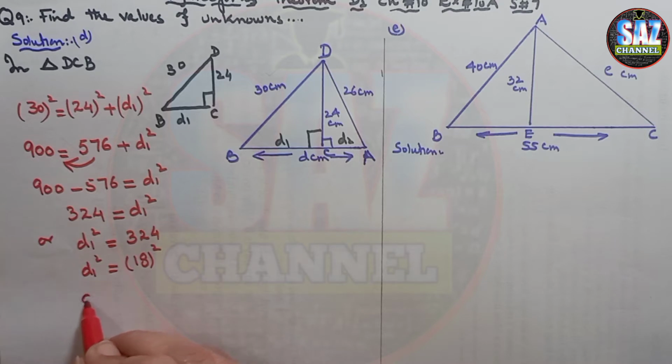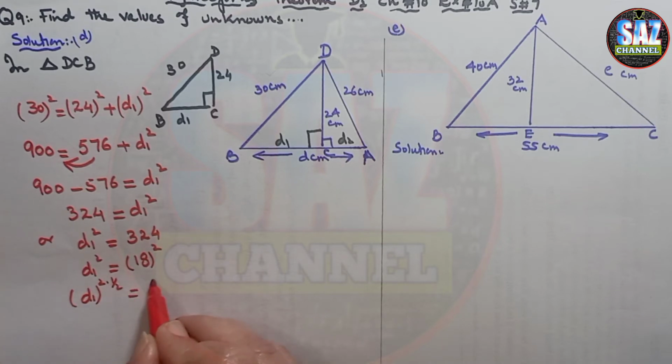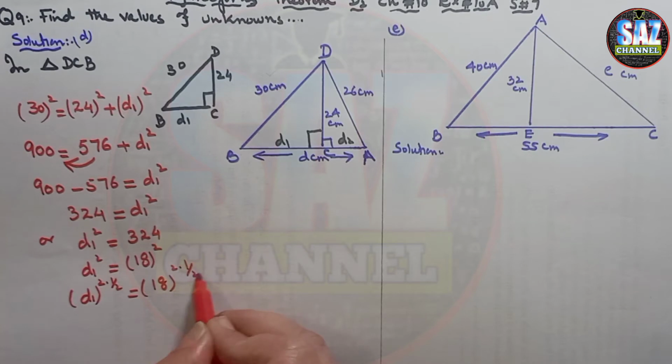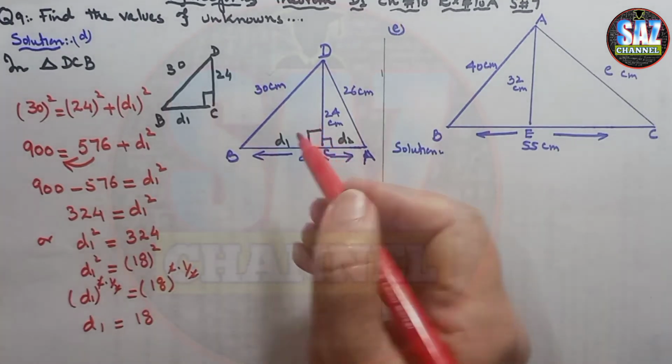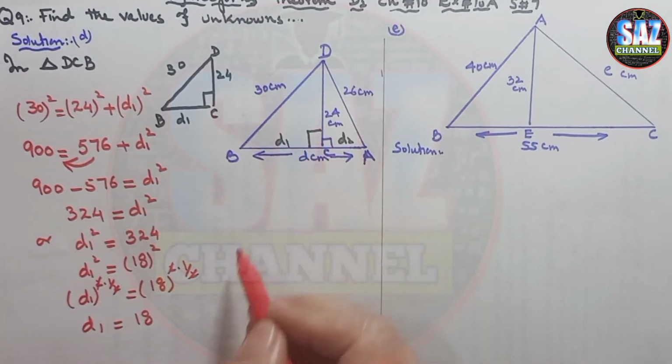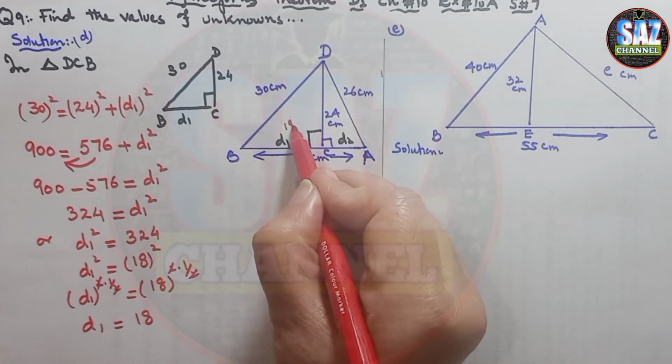Now in order to get the D1 length, I will take the square root on both sides. So d1 equals 18. Now this portion of the base is 18 and I can mark it over here, 18.